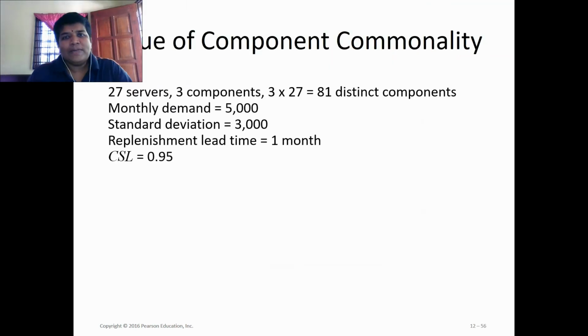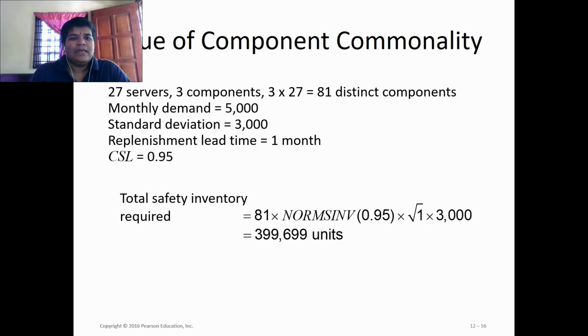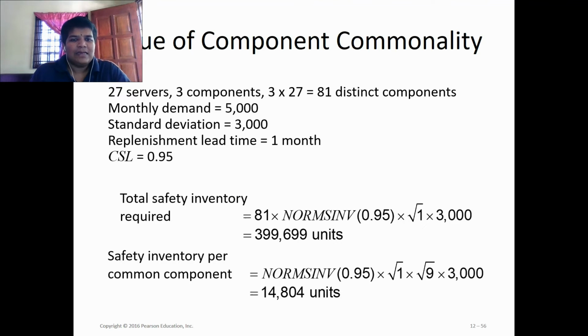Value of component commonality. Again, a calculation here. You have 27 servers and 3 components, so 3 times 27 gives 81 distinct components. Monthly demand is 5,000, standard deviation 3,000, replenishment lead time is 1 month, CSL 0.95.